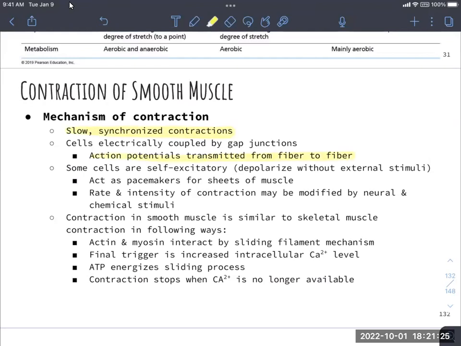We have some smooth muscle cells that are self-excitatory. They don't need an action potential to contract. So they are considered pacemakers.